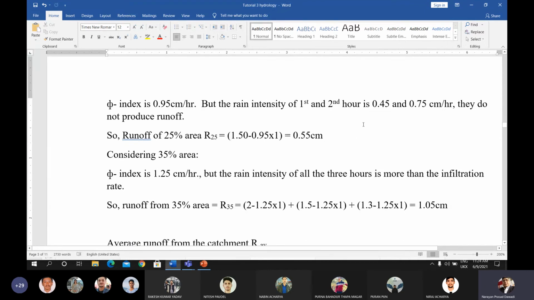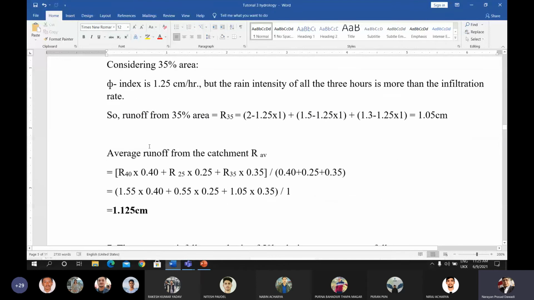Although, if you consider the average rate of runoff, then the average runoff from the catchment is calculated as R average, which is given as R40 into area 40 plus R25 into area 25 plus R35 into area 35, divided by total area.